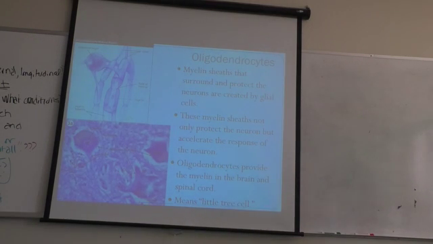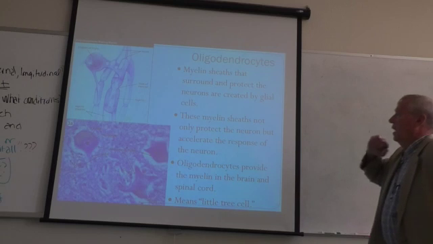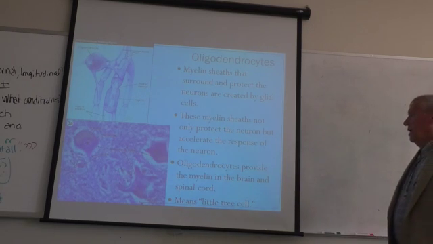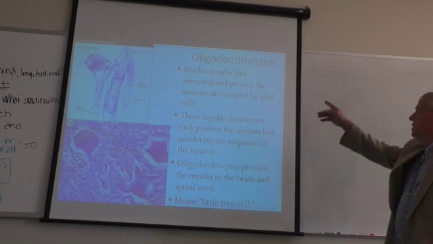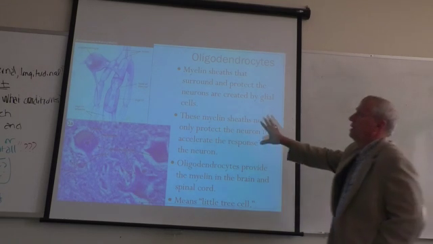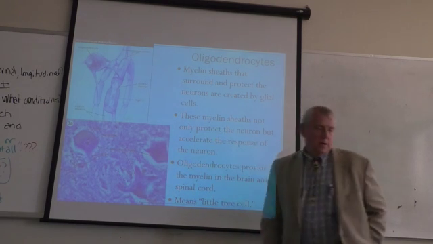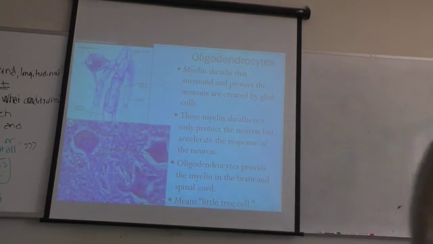Oligodendrocytes form myelin sheaths that surround and protect the neurons and are created by glial cells. These myelin sheaths not only protect the neuron, but they accelerate the response of the neuron. Oligodendrocytes are in the brain and the central nervous system. The Schwann cells are the myelin cells for outside the central nervous system.